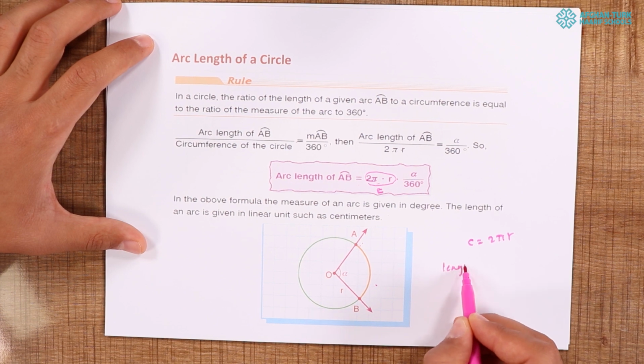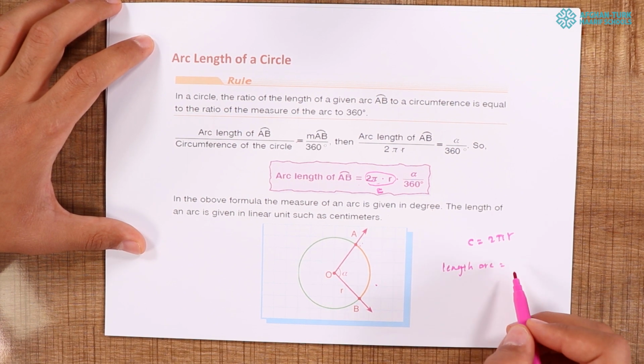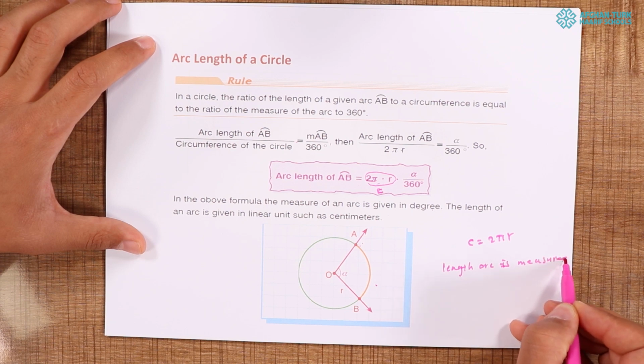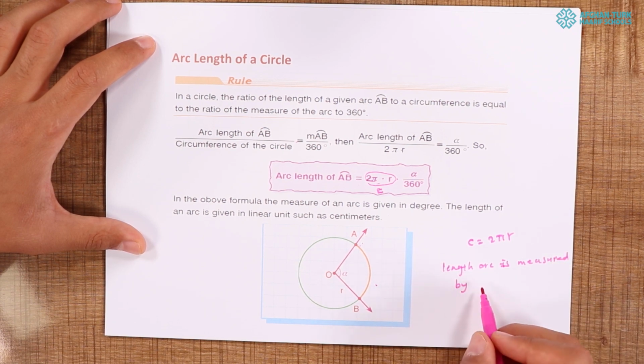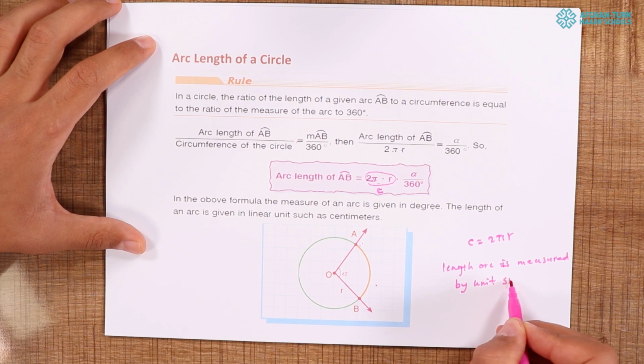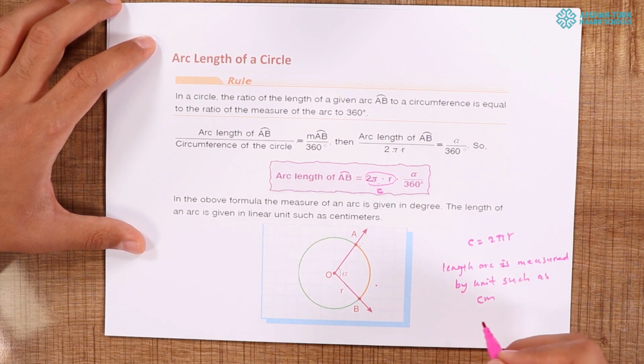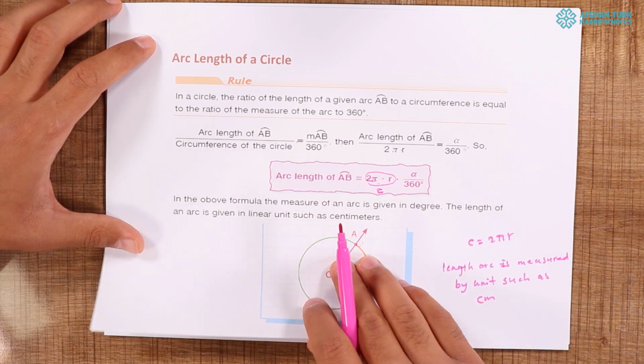The length of the arc is measured by units such as centimeters, but the angle was in degrees.